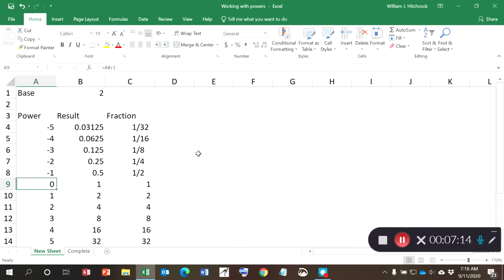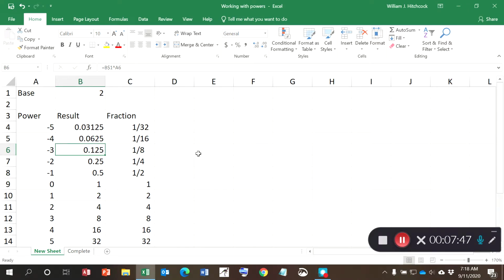But when we use negative exponents, 2 to the negative 1 is 1 over 2 to the first. It's 1/2. As a decimal number, that's 0.5. 2 to the negative 2 is 1 over 2 squared, 1/4, 0.25. 2 to the negative 3 is 1 over 2 times 2 times 2, 1 over 2 cubed, 1 over 8.